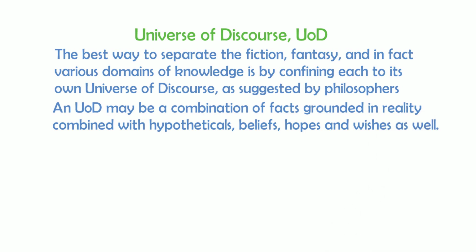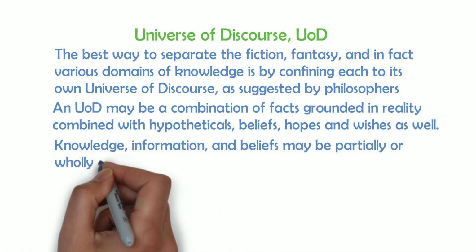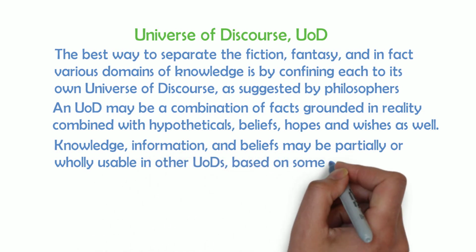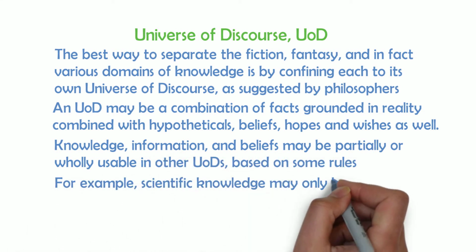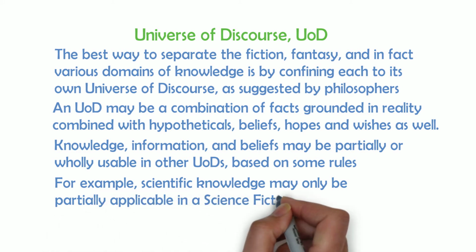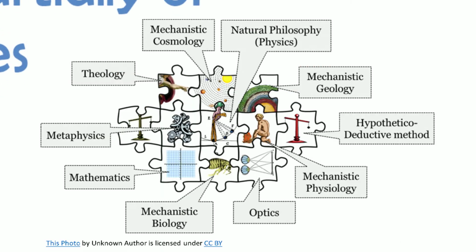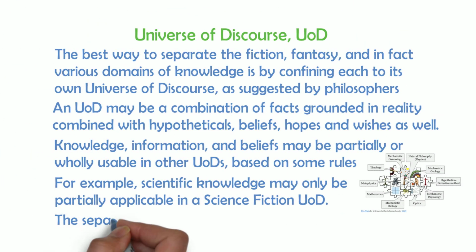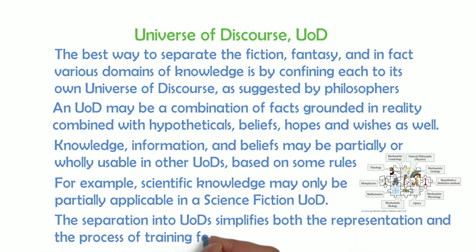Knowledge, information, and beliefs may be partially or wholly usable in other UODs, based on some rules. For example, scientific knowledge may only be partially applicable in a science fiction UOD. The separation into UODs simplifies both the representation and the process of training for the learning machine.